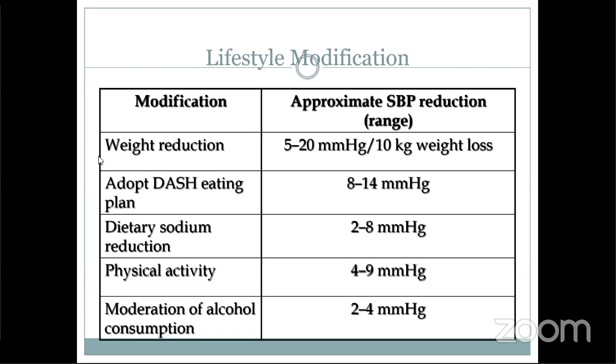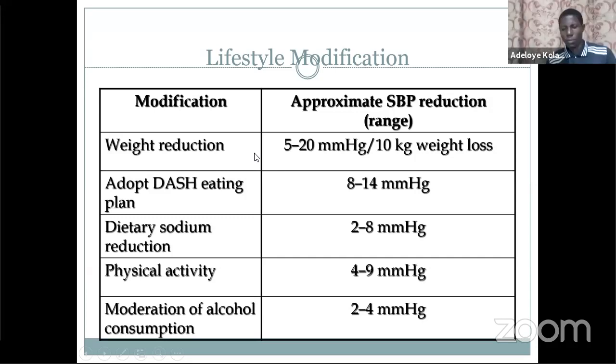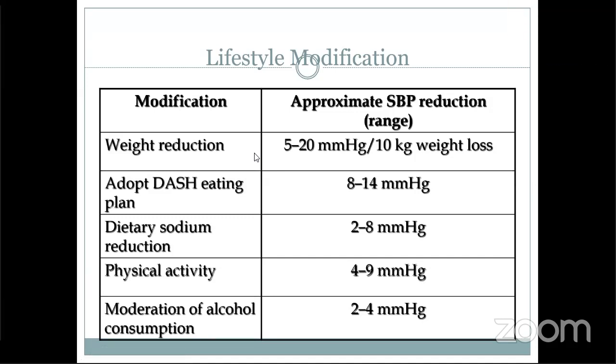Weight reduction is very, very important. People who are obese, that is when you look at your weight in kilograms divided by the square of your height in meters, if it is more than 30 kg/m², that is obesity. If it is between 25 and 29.9, that is overweight.